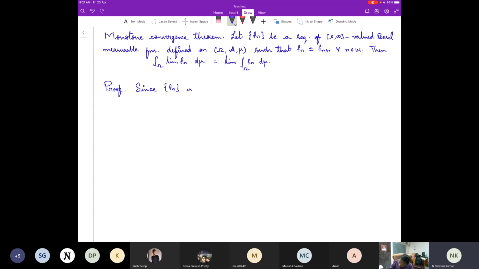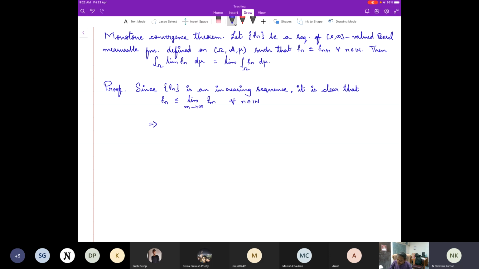Since F_n is an increasing sequence, it is clear that F_n is less than or equal to the limit as m tends to infinity of F_m for all n in N. So this is true for all n.